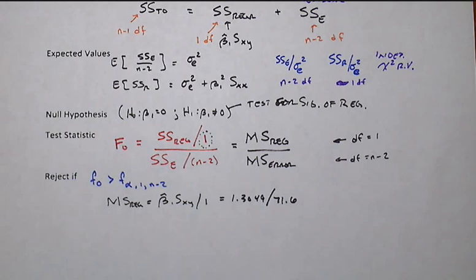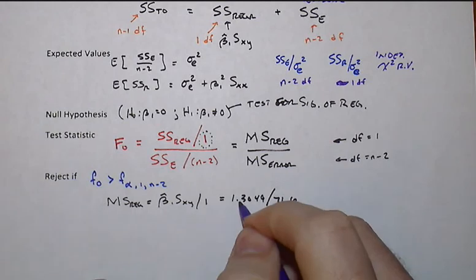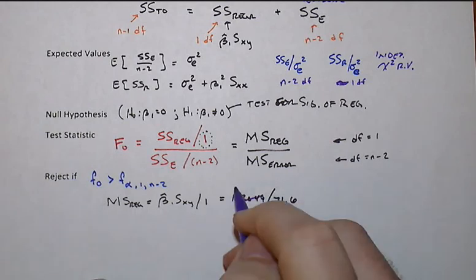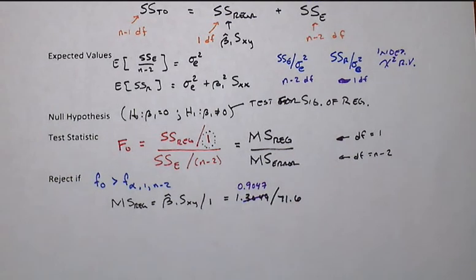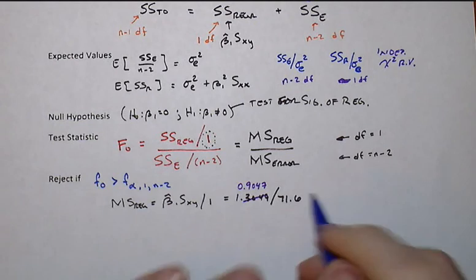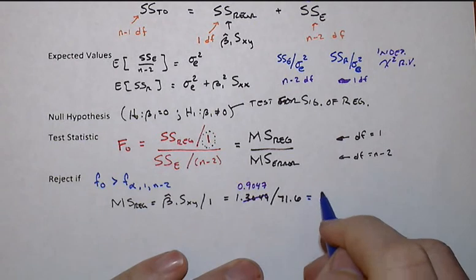And oops, I used the intercept value rather than the beta 1 value, so that's 0.9047. And when you calculate that out, that's 64.78.